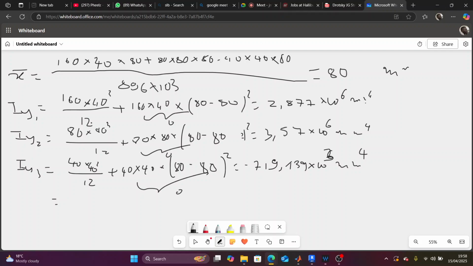Okay, on its own, how much is this one? 120 times 40 cubed is 853.33 times 10 to the power 3. It is 160 times 40 cubed divided by 12, times 40.